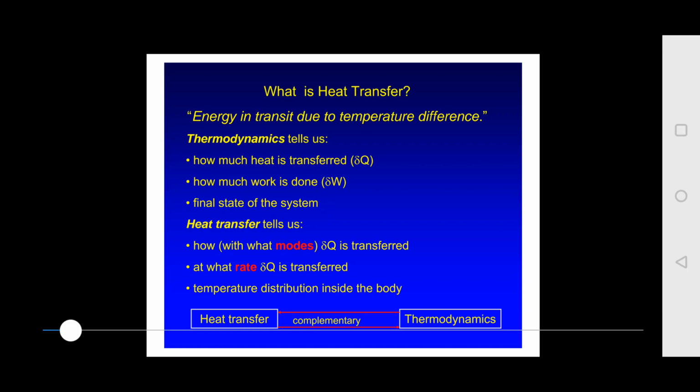Heat transfer tells us the modes by which heat can be transferred, the rate at which heat is transferred, and the temperature distribution inside the body. So heat transfer and thermodynamics are complementary to each other.